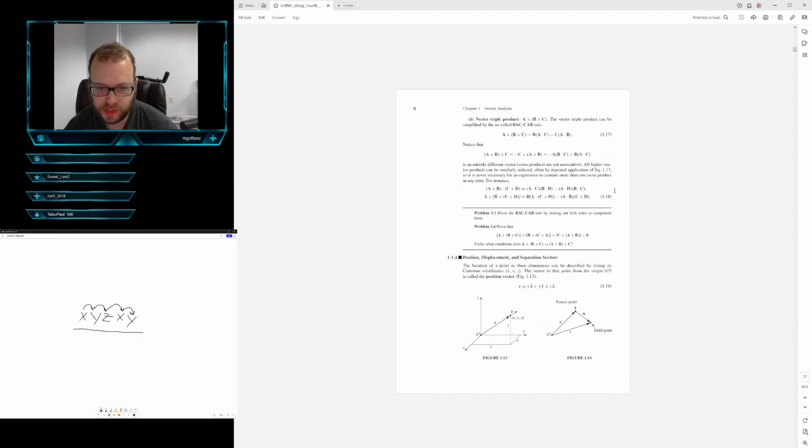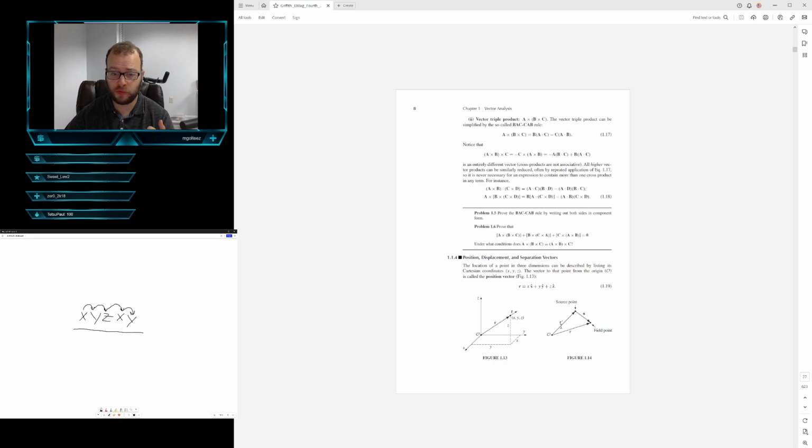So a source point is a point at which a source is located. So you can think of this as a clump of charge. And a field point is a point at which you want to know the quantity of the field due to the source point. So we have three vectors that define that.